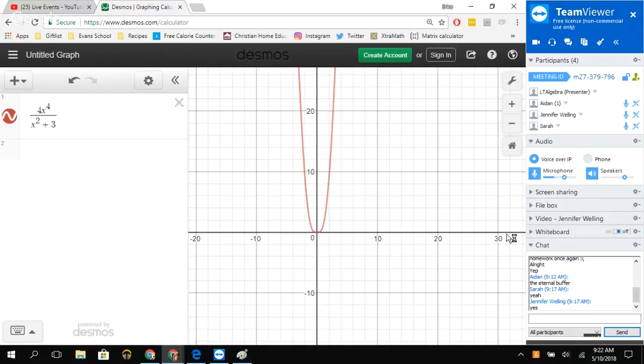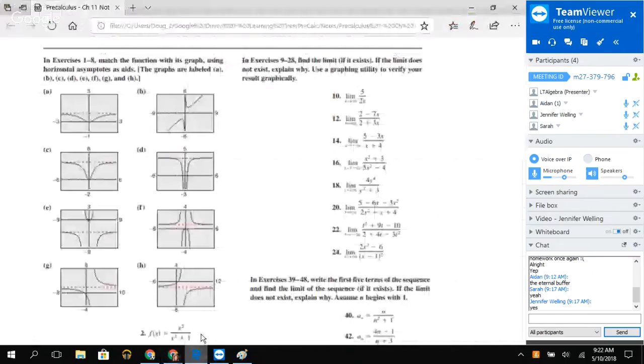It's pretty easy. I'll do one more since those are the only two examples I have where the degrees are different. All the other ones, they give you ones that have similar degrees because those are the most interesting. But for example, if you did number 22, the limit as t approaches negative infinity of t squared plus 9t minus 10 over 2 plus 4t minus 3t squared.